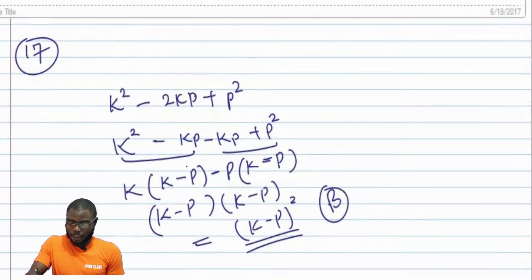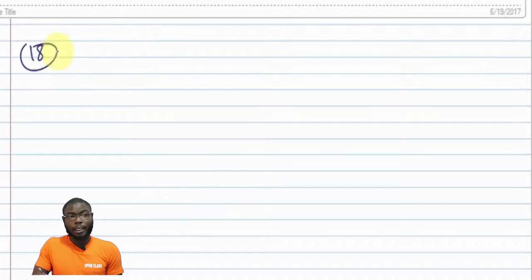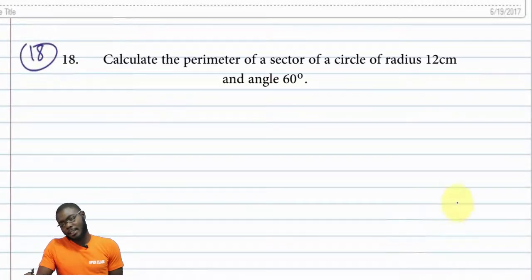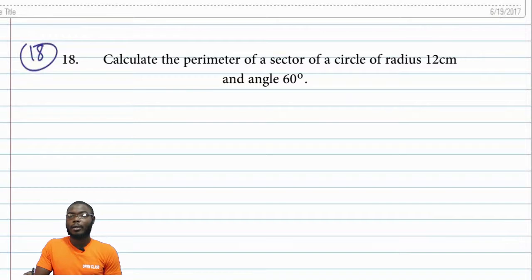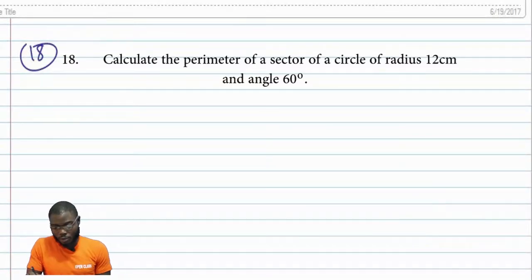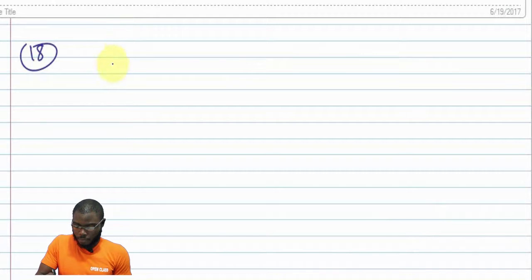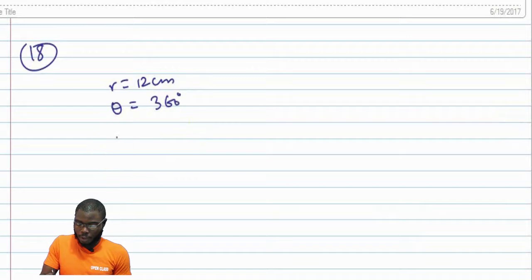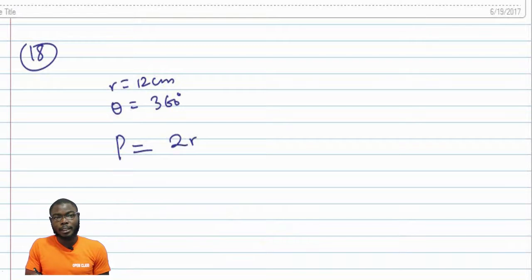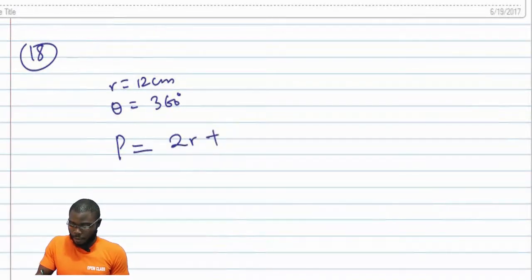So question number 18. The question says we should calculate the perimeter of a sector of a circle of radius 12 centimeter and angle 60 degrees. The radius is 12 centimeter and the full angle is 360 degrees. What you need to know is that the perimeter is 2 times the radius plus the length of an arc.